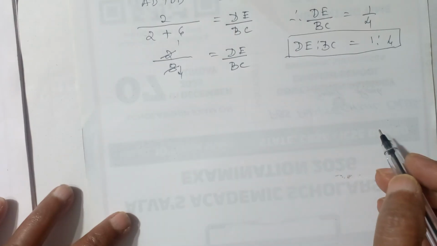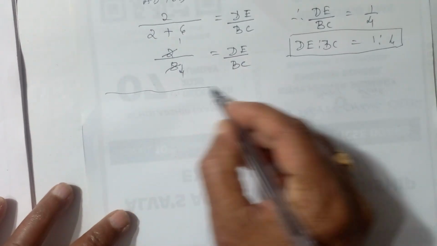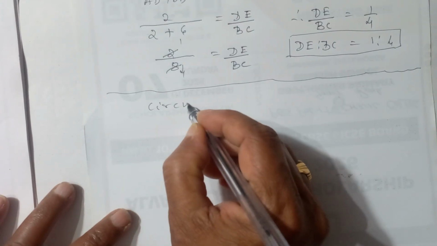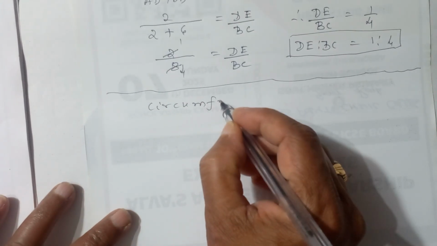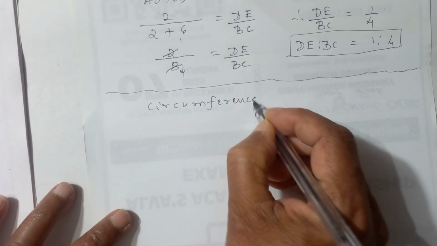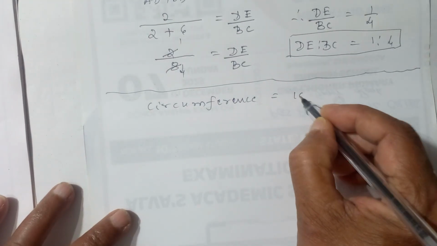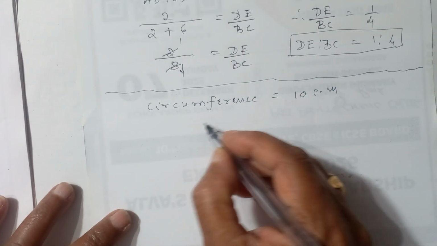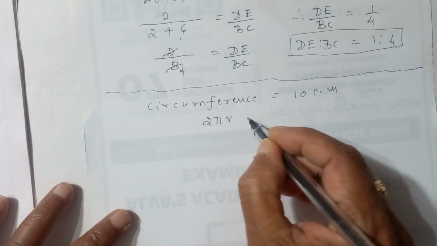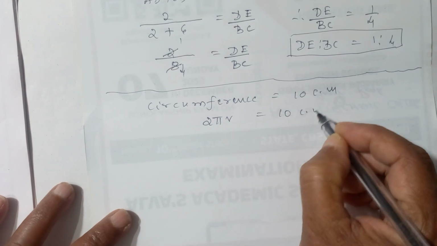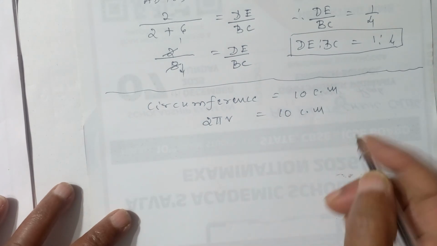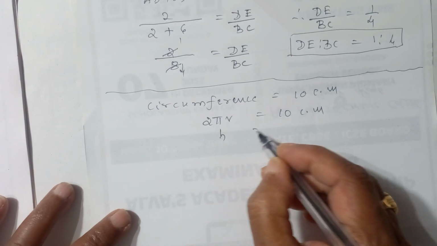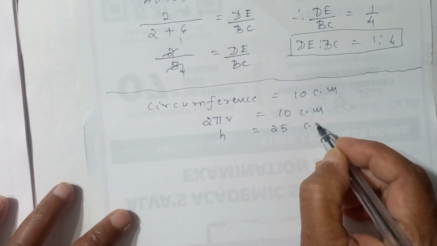The base of the cylinder is circular in shape, so the circumference is given: 2 pi r is equal to 10 centimeter. And the height is given, that is 25 centimeter.